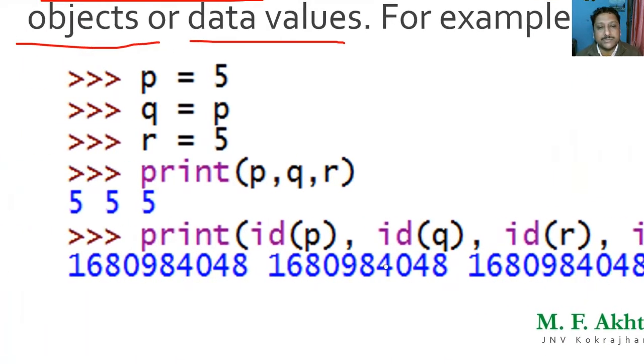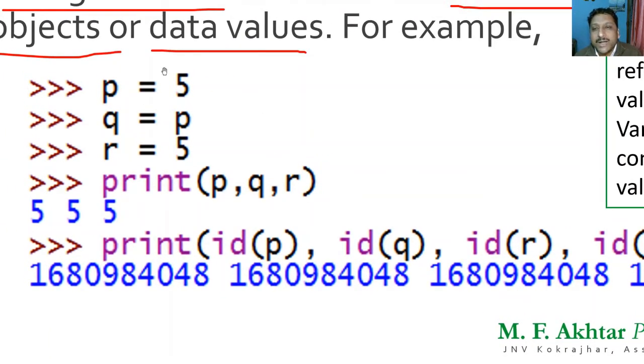How is it possible? Because the number 5 is stored at that address, and whenever a variable name is assigned, some name is given to those values, then those names just become the reference for the value which is stored at that memory address.